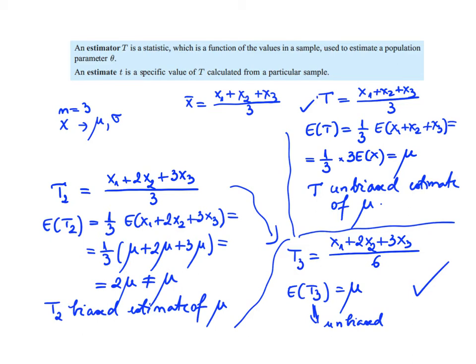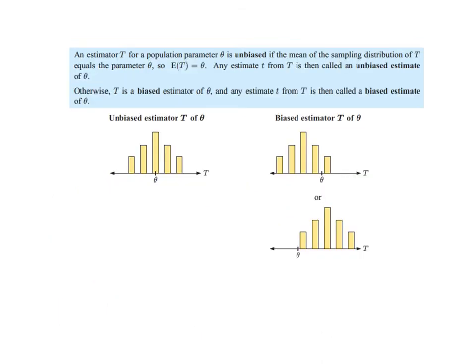So we are going to see next how we decide when an estimator is more efficient than another estimator. First, let us look at the definition of biased versus unbiased estimator.